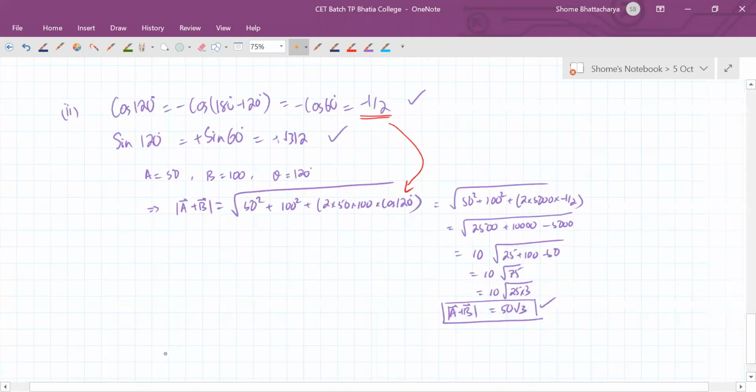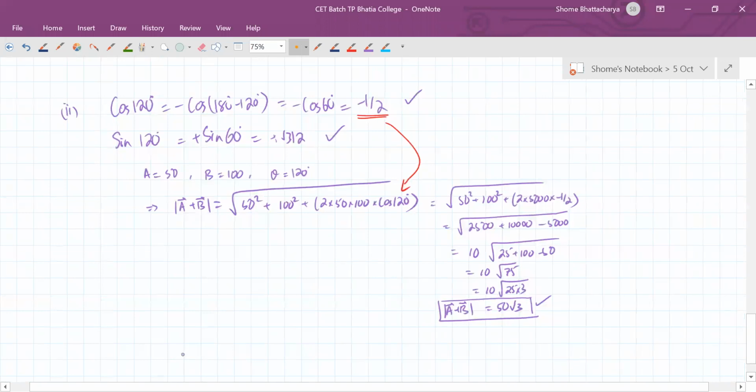And when it comes to alpha, b sine theta, so that is 100 sine 120 upon a plus b cos theta, so that is 50 plus 100 cos 120. So again use those values.